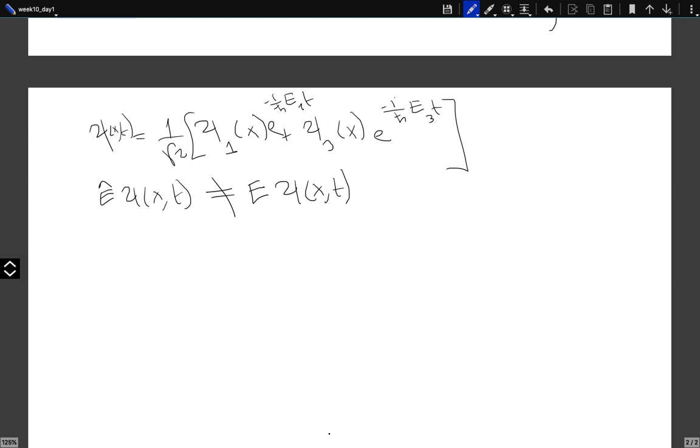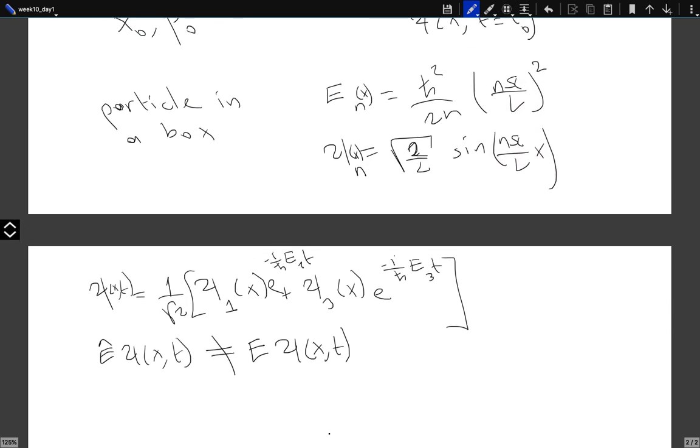Why can we combine solutions linearly, but the energy is only the energy of just one of them? I don't really get that. You see? Right. This is the wave function of one particle. There's just one particle, and its wave function is the superposition of two different wave functions of given energy.